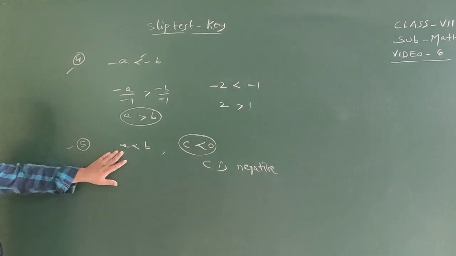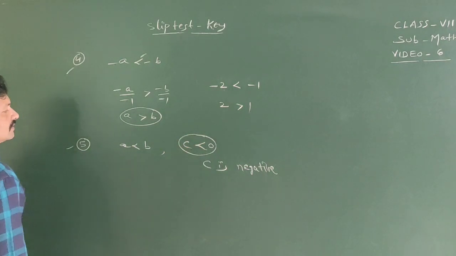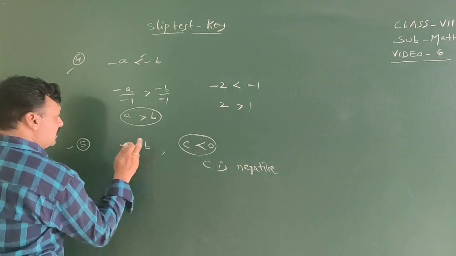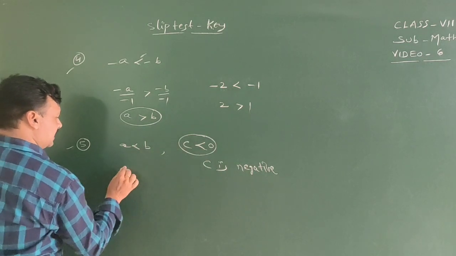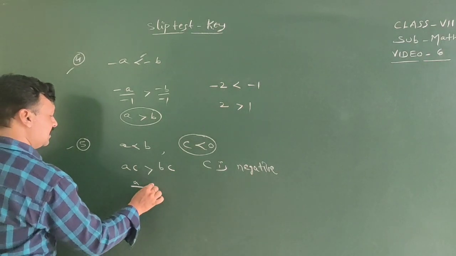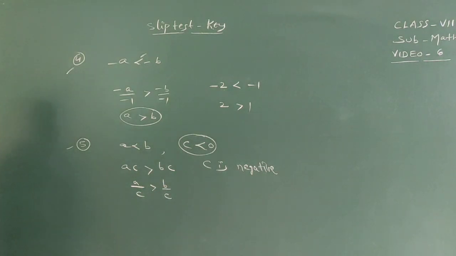A less than b, if c is negative, then if you multiply c on both sides of the inequation, ac greater than bc. a by c also greater than b by c. If you add or subtract, there is no change. If you multiply or divide, the inequality sign alters. Rule 3, I said. Inequality rule 3.